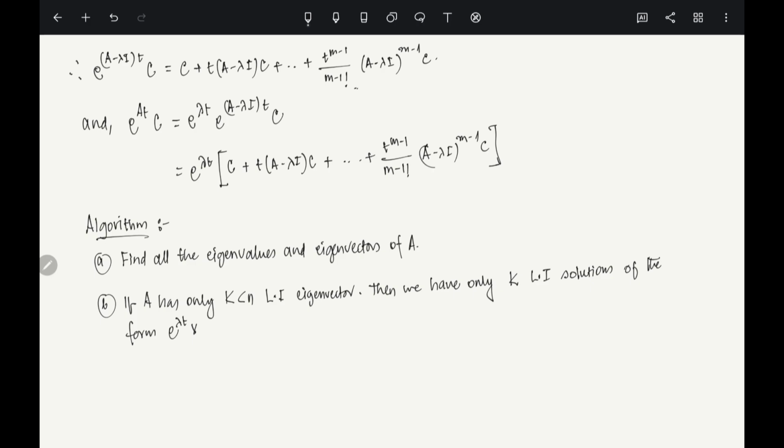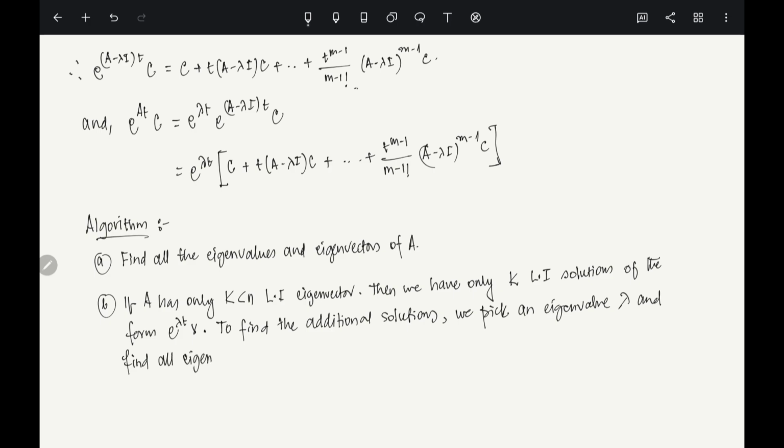Now how do you find the additional solutions? To find the additional solutions, what we do is this: we pick an eigenvalue lambda, and find all vectors v for which a minus lambda I squared v is going to be 0.